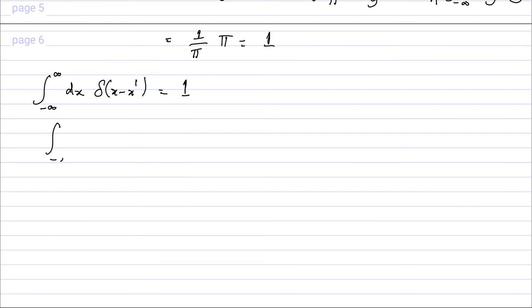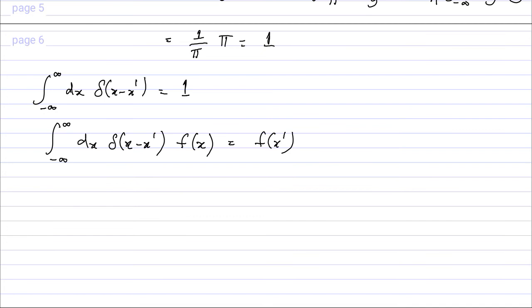So for example, the integral dx delta(x minus x prime) f(x) is just going to be f(x prime). So it samples the value of the function at a particular point.